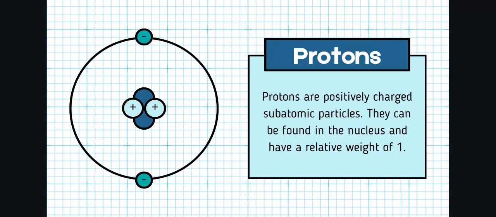However, relative weight is where that weight is not given. It's just around that area. Meaning, if I say a relative weight of 1, it could be anywhere from 1.75 or even 0.95. It's around the area of 1.